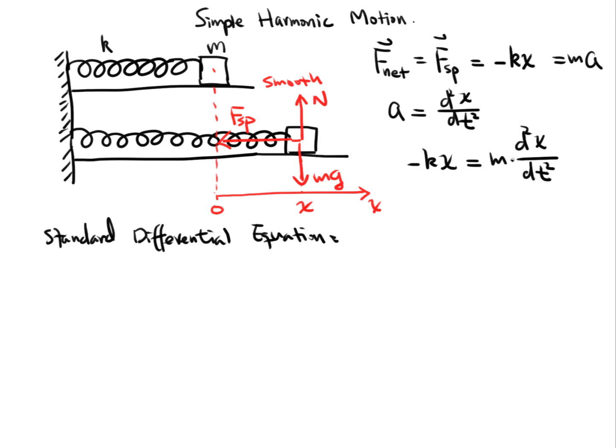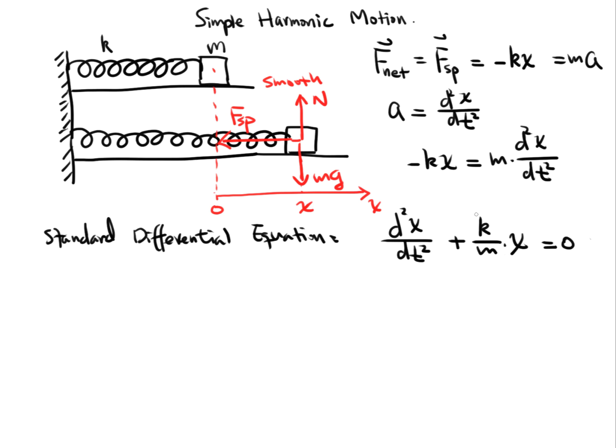Let's divide by m on both sides, and move k over m times x to the left side. We get the second derivative of x with respect to t plus k over m times x equals 0.